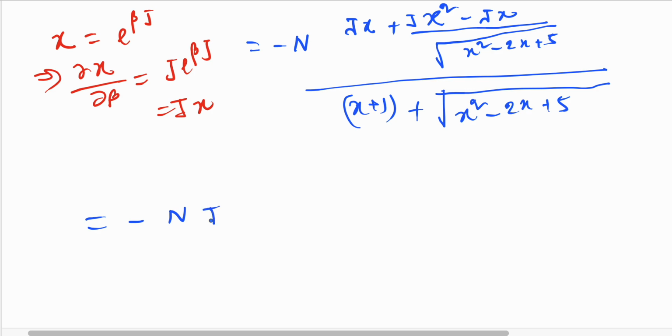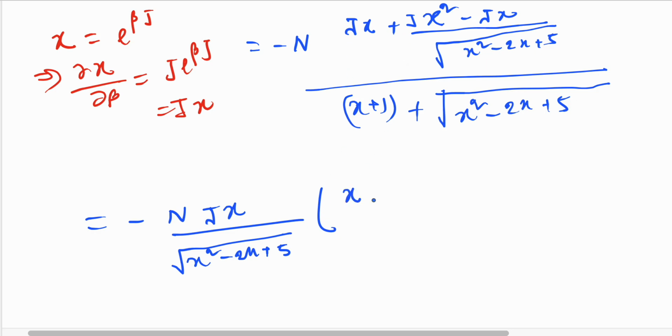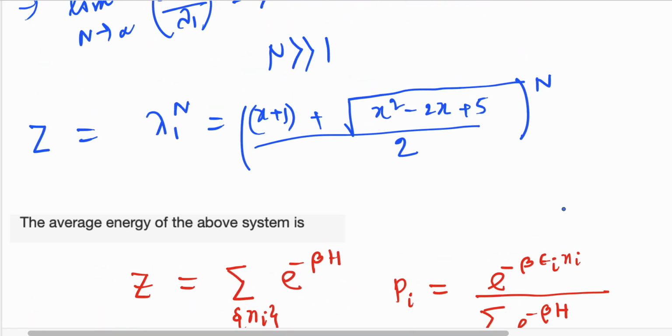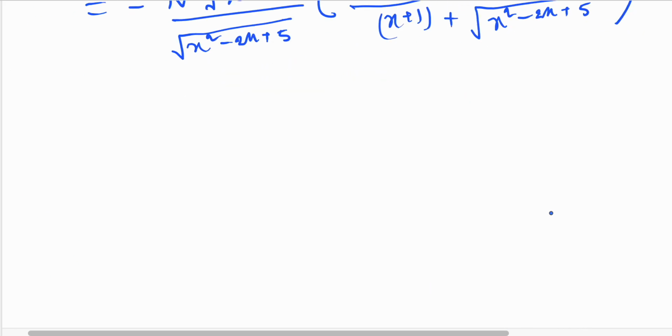That is minus n, if I take common jx by root over of x square minus 2x plus 5, it will give x minus 1 plus root over of x square minus 2x plus 5, by x plus 1 plus root over of x square minus 2x plus 5. So this will be the average energy of the system.